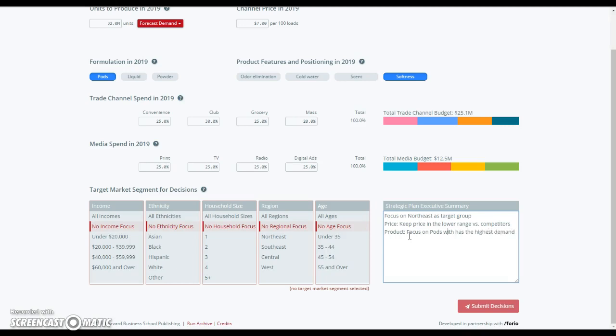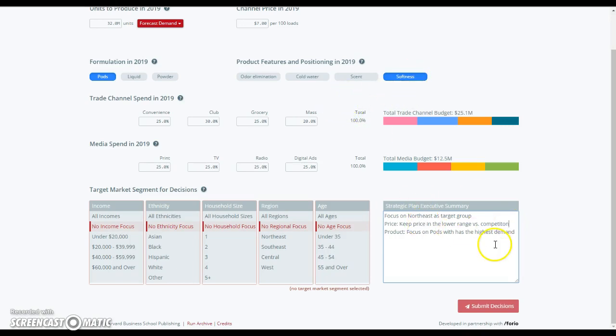Well, basically this is positioning. Well, it is product, by the way. Sorry about that. We'll go back, product. So you can add your strategic thinking for yourself to be able to review exactly what you've been looking at each of the decision rounds.